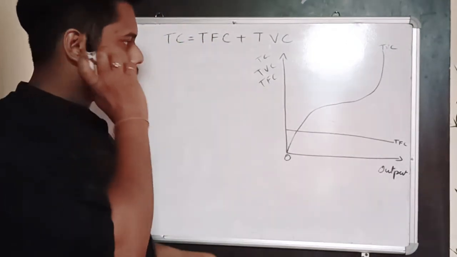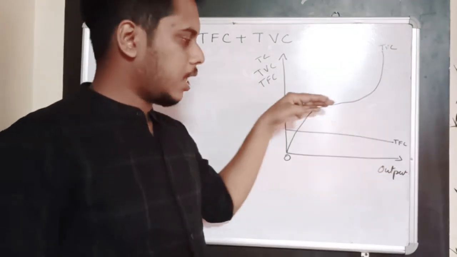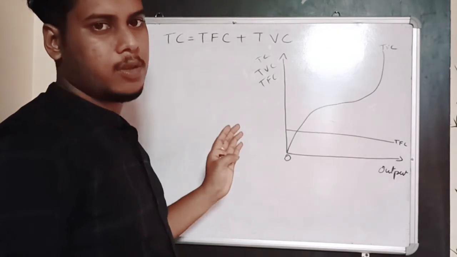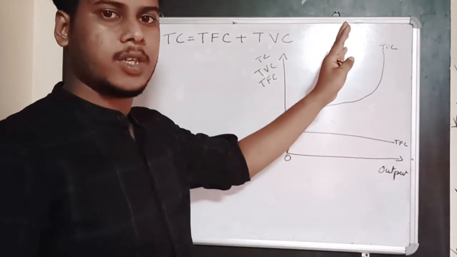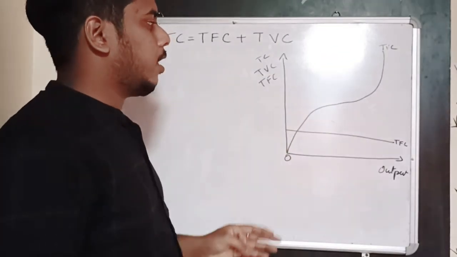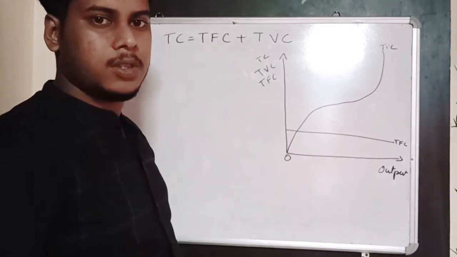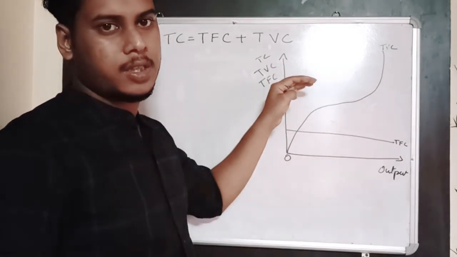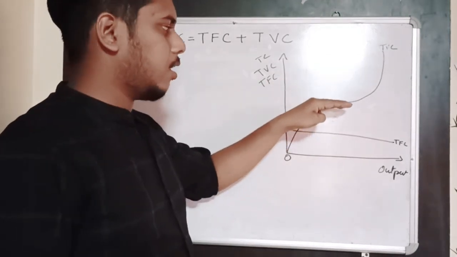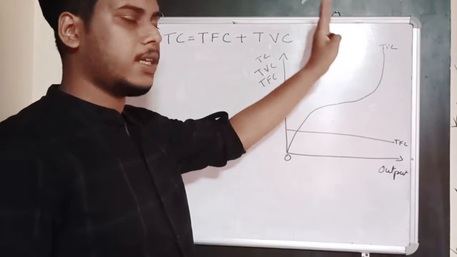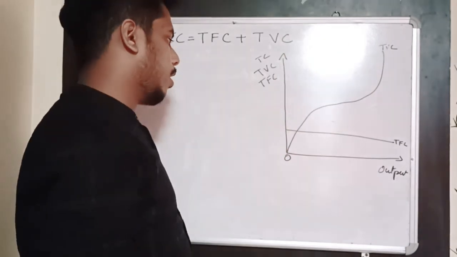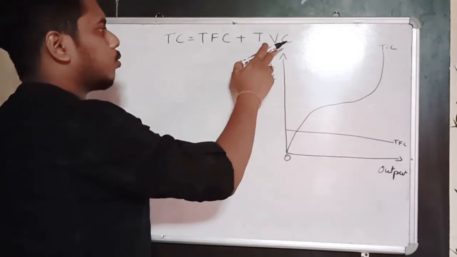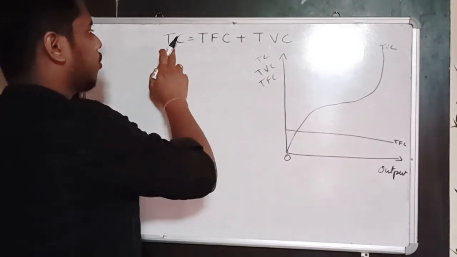So total fixed cost remains constant, and it is shown by a horizontal straight line parallel to x-axis, whereas the total variable cost curve is shown by the inverted S-shaped curve. The shape of this total variable cost is due to the law of variable proportion. Initially it increases at a decreasing rate, then it becomes constant for a range of output, and then it increases at an increasing rate. Now according to the formula, total fixed cost plus total variable cost gives us total cost.